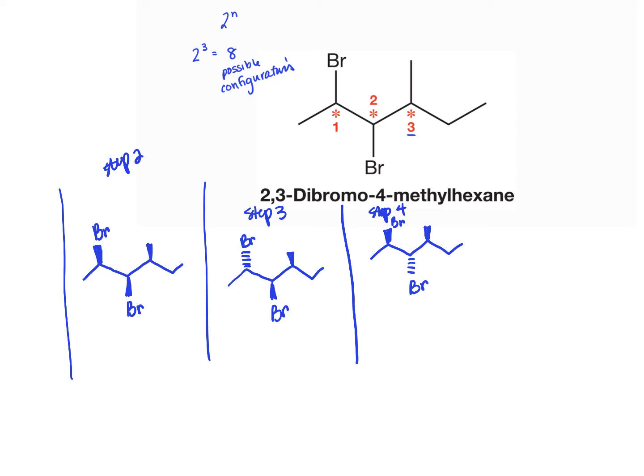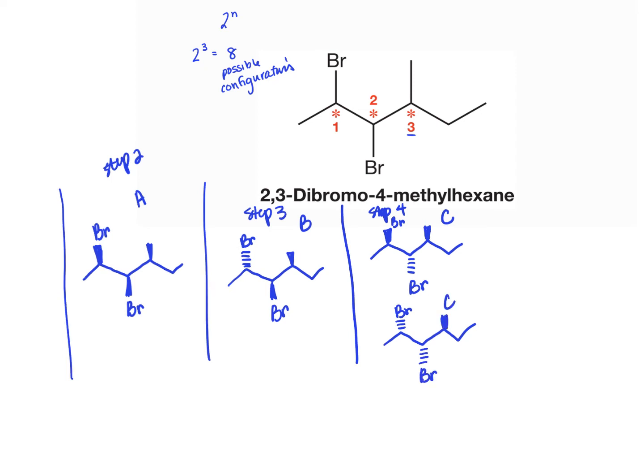And then I'm going to reverse the second one, the step 3, right? So if I label this as A, and I'll label this as B, and I'll label this as C, C is where we've reversed one from A. Now I'm going to look at B, and I'm going to keep this Br the same, but I'm going to reverse this Br, but leave that one the same.